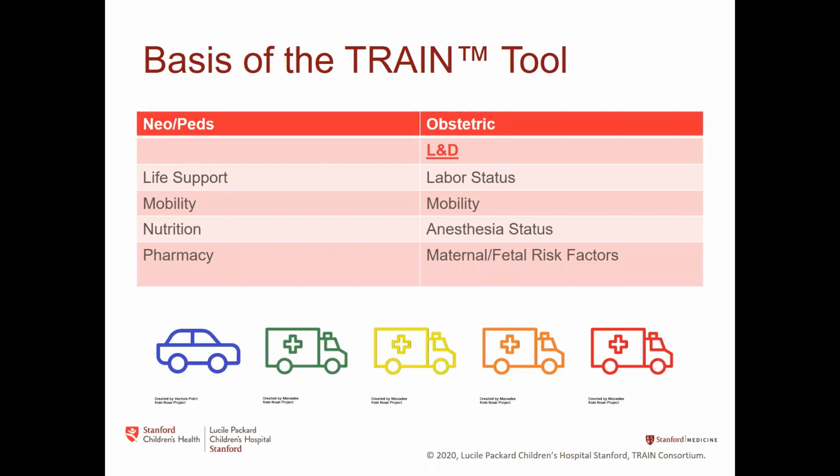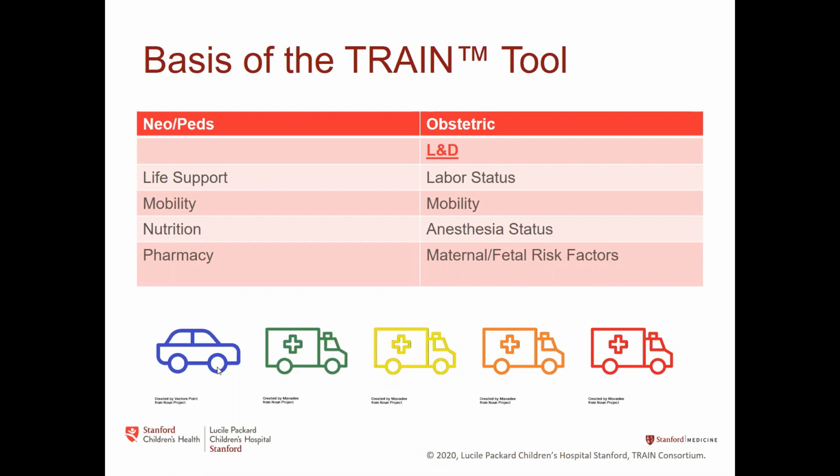This is the basic schematic of it. You can see that neo and peds are slightly different from obstetrics, but they basically do the same thing. We look at a person's resource needs in 4 domains. For instance, in neo-peds, it's life support, mobility, nutrition, and pharmacy. And based on their resource needs, they are assigned to one of 5 categories that relate to their transport needs.